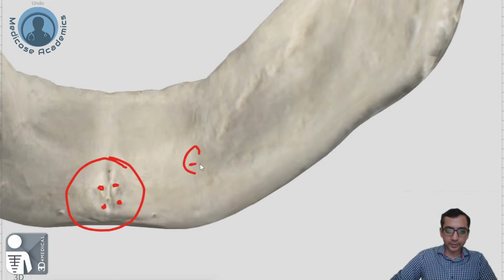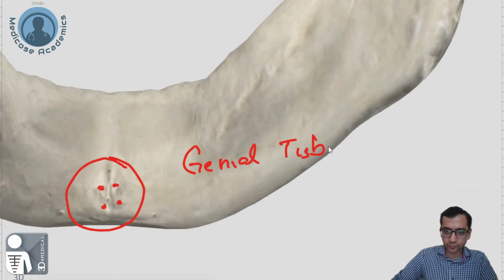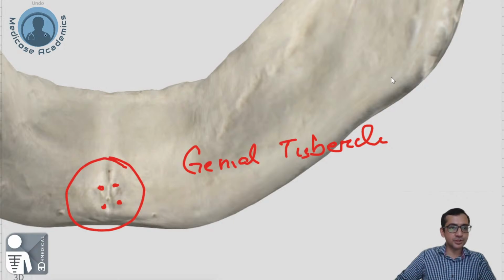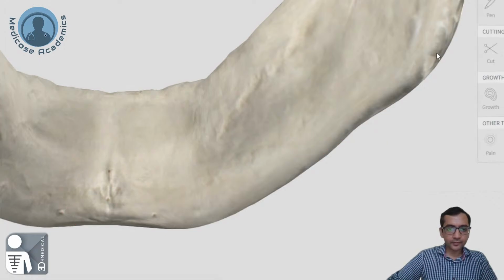These are known as genial tubercles. Mandibular mental tubercle is also used for them. You will read the names of the muscles starting with genio, genioglossus, geniohyoid, from this.